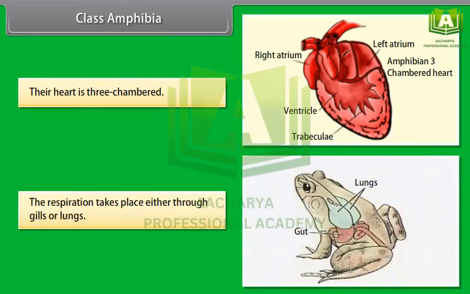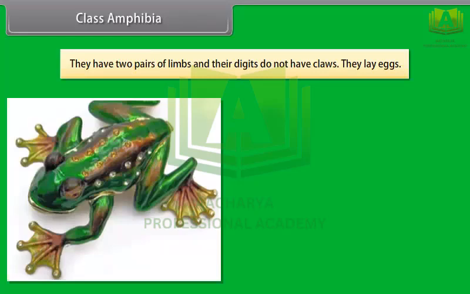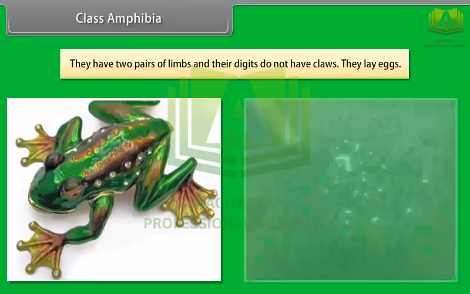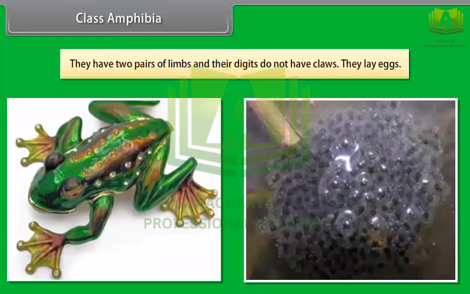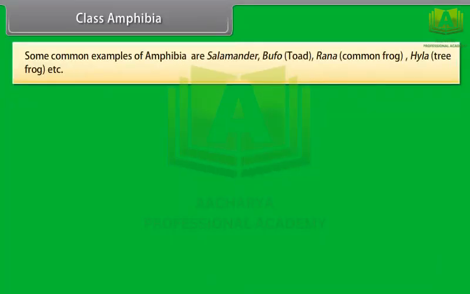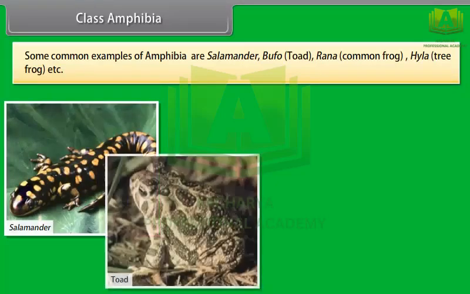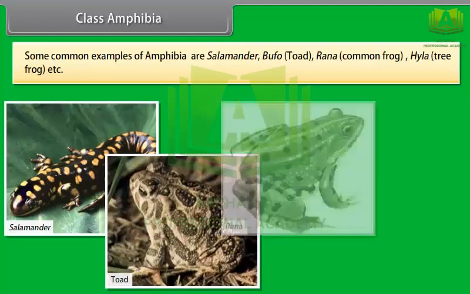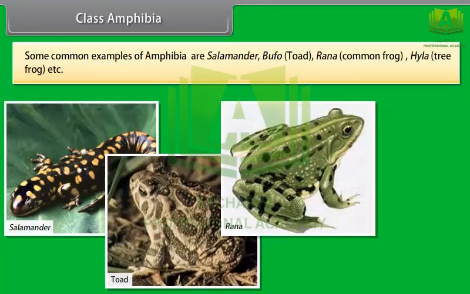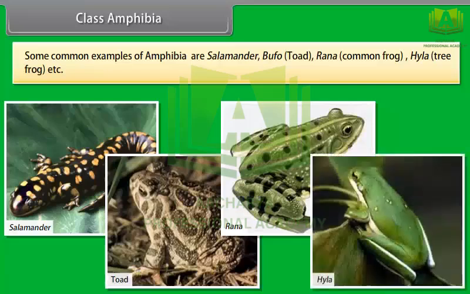Respiration takes place either through gills or lungs. They have two pairs of limbs, and their digits do not have claws. They lay eggs. Some common examples of amphibia are salamander, Bufo, toad, Rana, common frog, Hyla, tree frog, etc.